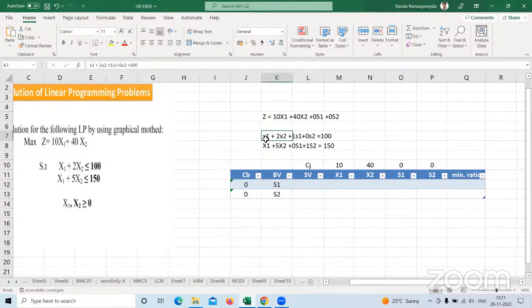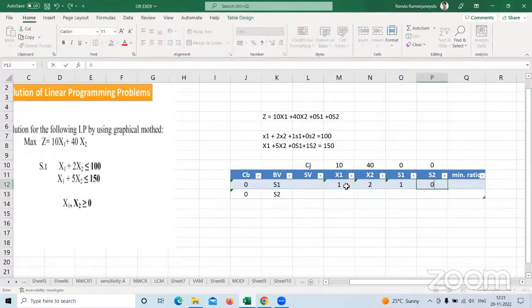The first equation we have is x1 plus 2x2 plus 1s1 plus 0s2 is equal to 100. So 1x1, 2x2, 1s1, 0s2 is equal to the solution value, 100. Any doubt regarding this?